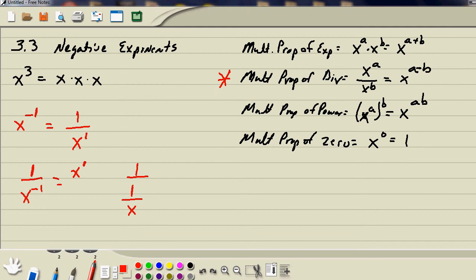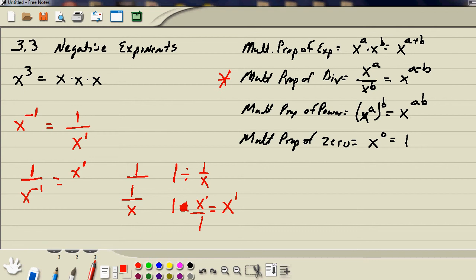Well, how do I get that into proper format? I could rewrite it and say 1 divided by 1 over x. And we know that that's the same as saying 1 times the reciprocal, which is x over 1. Notice why I don't use the x for multiplication, because it does look like an x, so I change that to a dot. And so that's the same as saying x, or x to the 1 power.